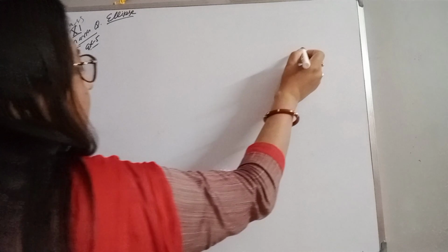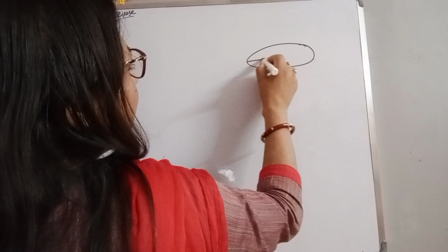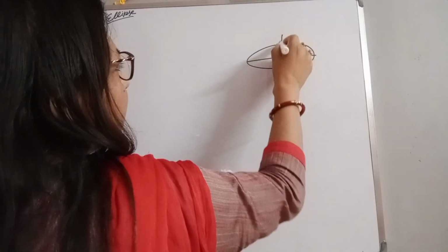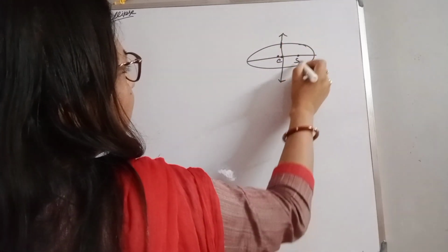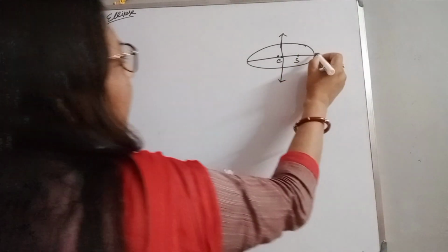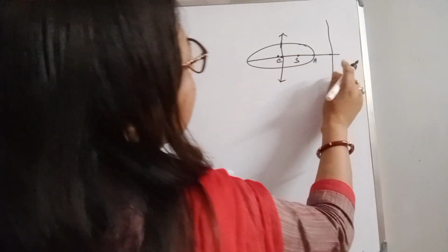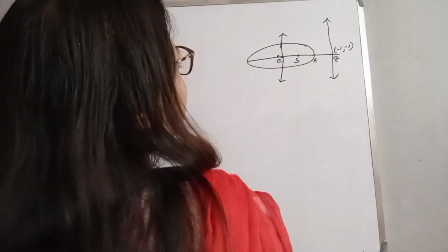Okay. So if this is an ellipse, then this is the center. If we take this as center C, and focus is say this is S, this focus, and Z, and we know this is A, and this point Z given -1, -1, and AC is also given.